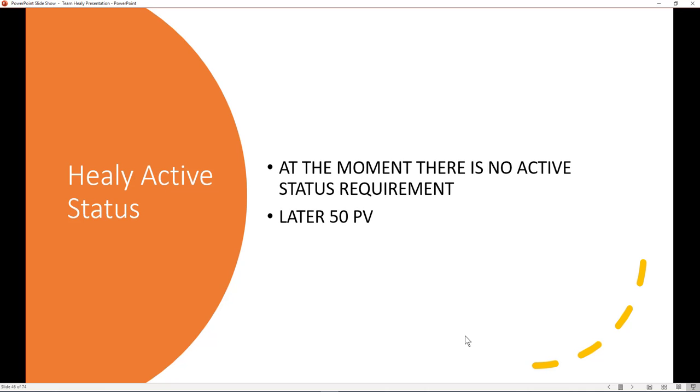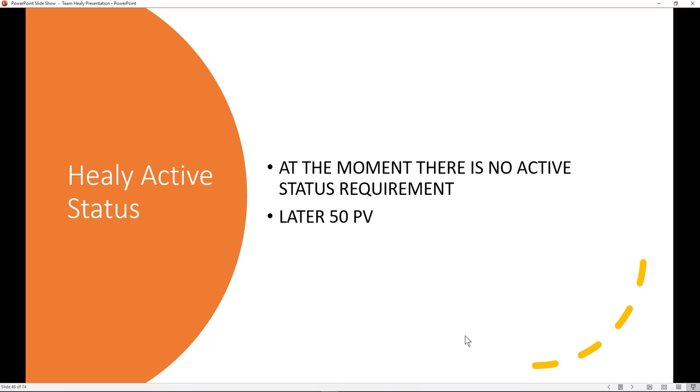Another thing you really need to know that's important is what they call the active status. The active status means that you have to have a certain sales volume in you or the people that you've enrolled in order to remain active and to receive a commission.